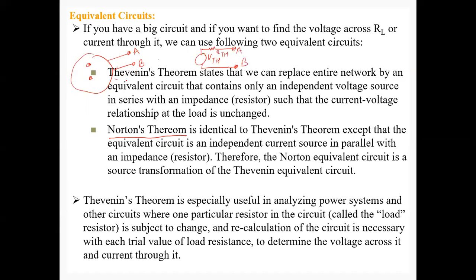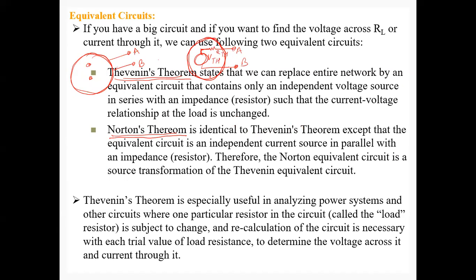That's what Thevenin says. I can replace this entire thing by just these two guys in series. Remember, this VTH and RTH are in series. You can replace it like this.